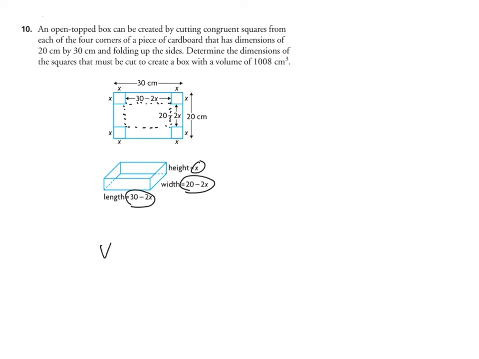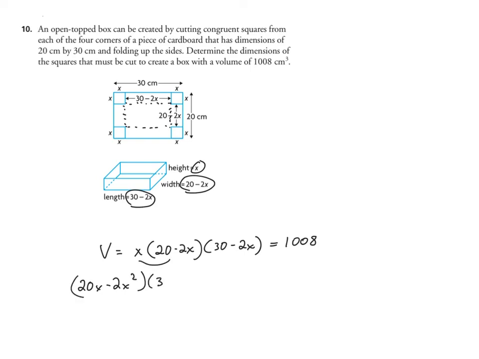All right, so the volume is equal to x, 20 minus 2x, 30 minus 2x, and that is equal to 1008. All right, I want to bring everything to the left, which is going to screw up my factored form, so I'm going to have to expand this. So let's say 20x minus 2x squared, that's these two together, times 30 minus 2x minus 1008 equals 0.